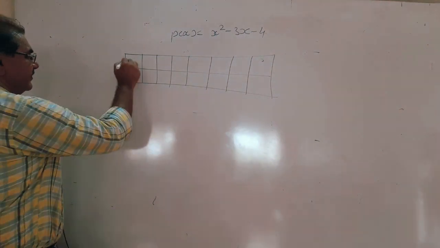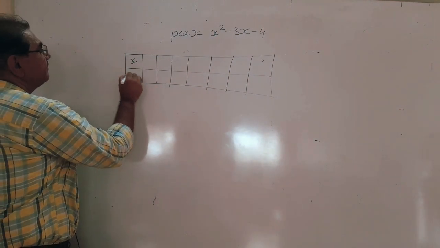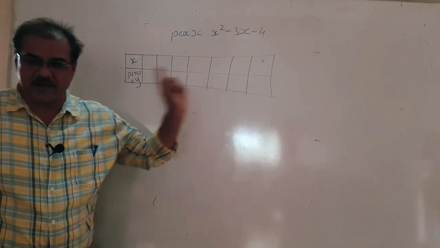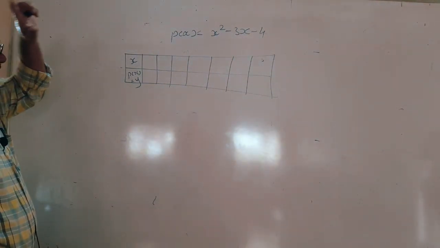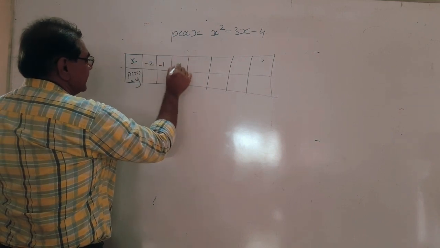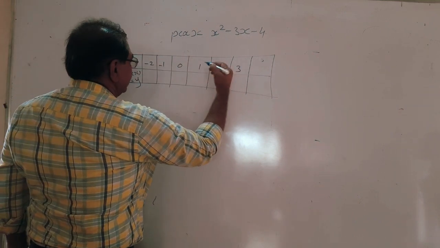It is x, it is p of x, that is equal to y, the value on the y-axis. First of all, suppose I take x equal to minus 2, then minus 1, 0, 1, 2, 3, that we will try.